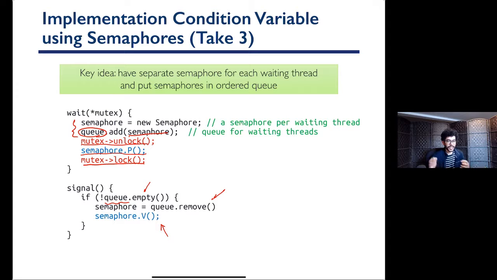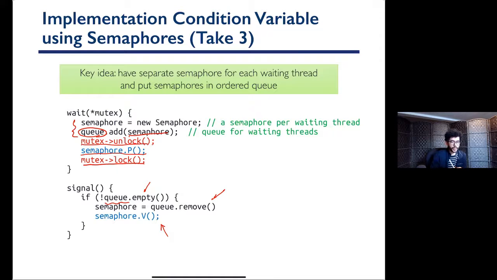So we create a semaphore for this new thread that called wait, and we add it to the queue, and then we call unlock. So we have created this mutual exclusion. When you're added, you're holding the lock, then you unlock and you call P.